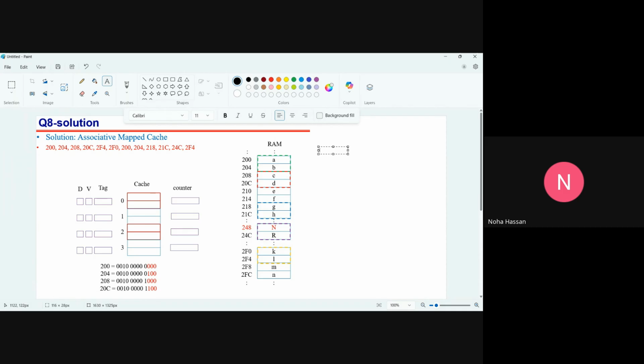We can represent these 8 bytes as a combination of 3 bits. So if we want to represent them, this will be 000, 001, 010, 011, 100, 101, 110, and 111.